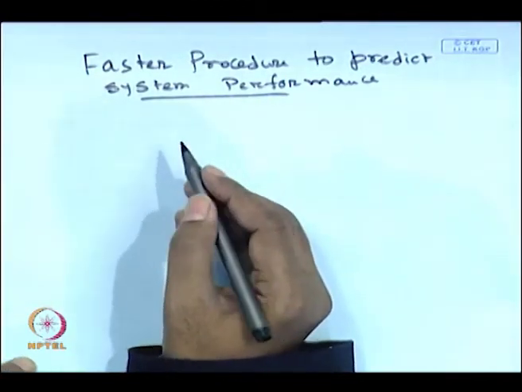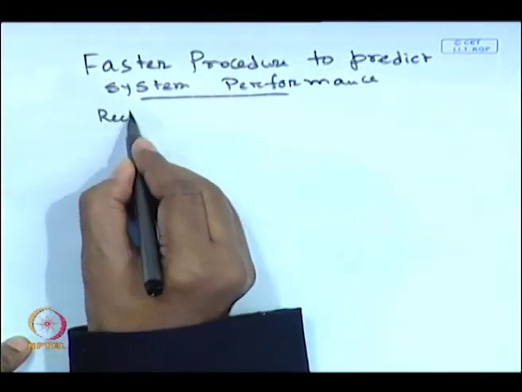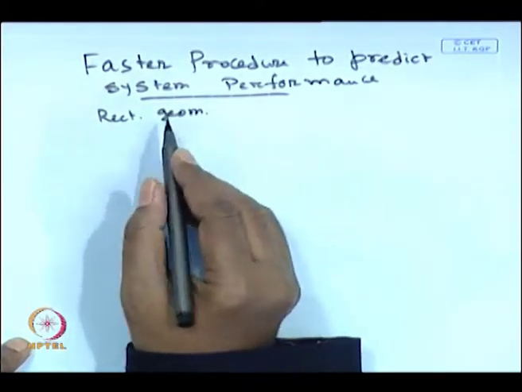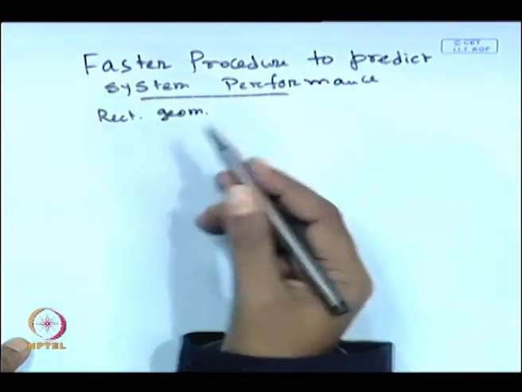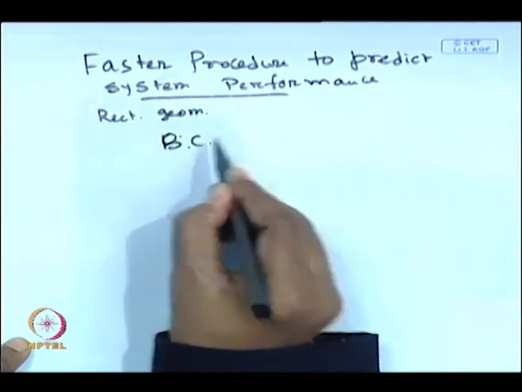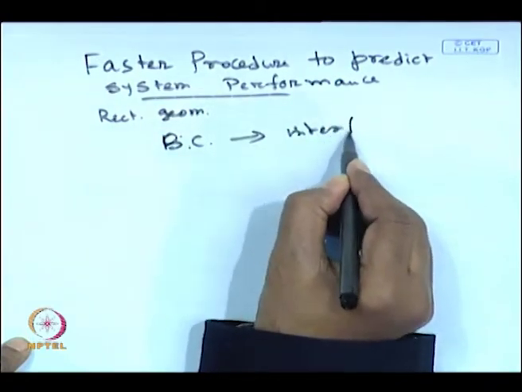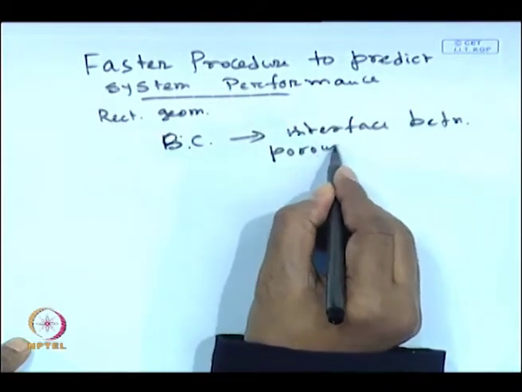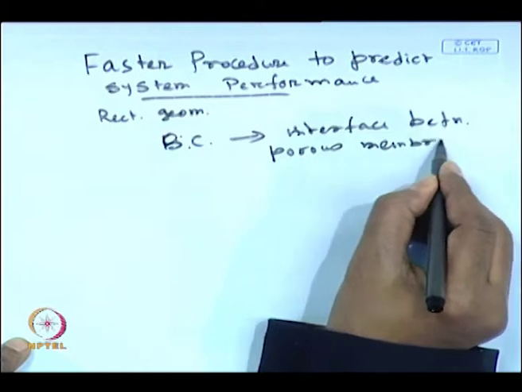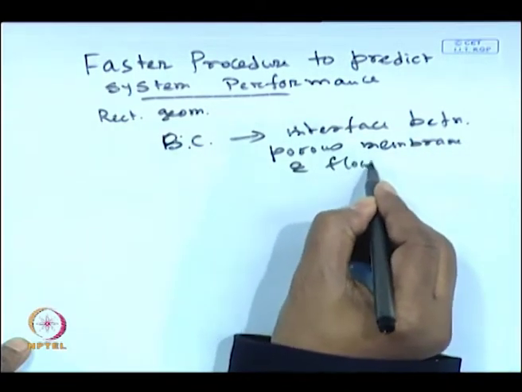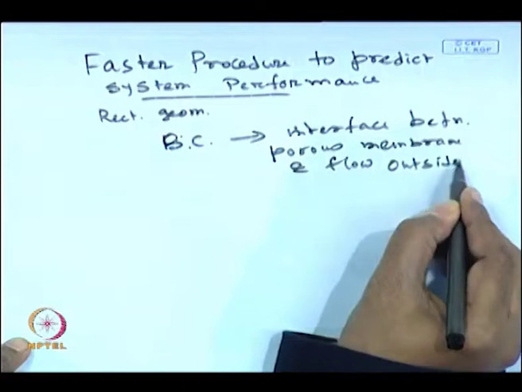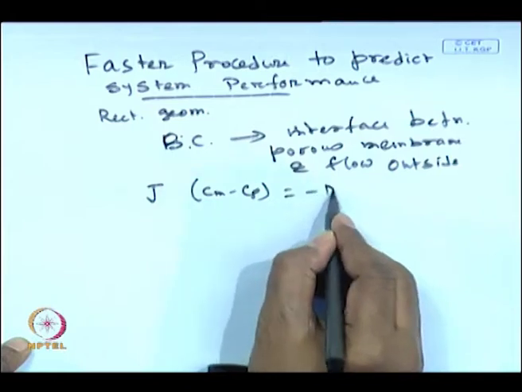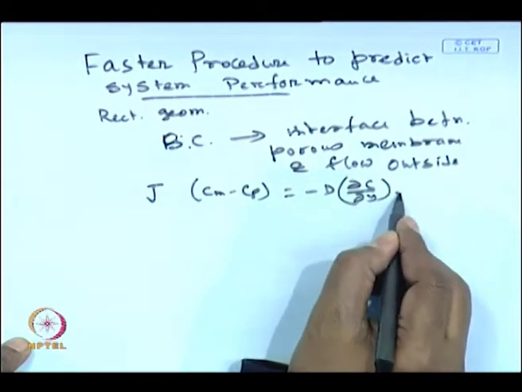Okay. Now we are talking about again the same rectangular geometry, flow through a rectangular conduit. If you remember, the boundary condition, that is the condition at the interface between the porous membrane and flow outside, is J times Cm minus Cp is equal to minus D del C del y at y equal to 0.